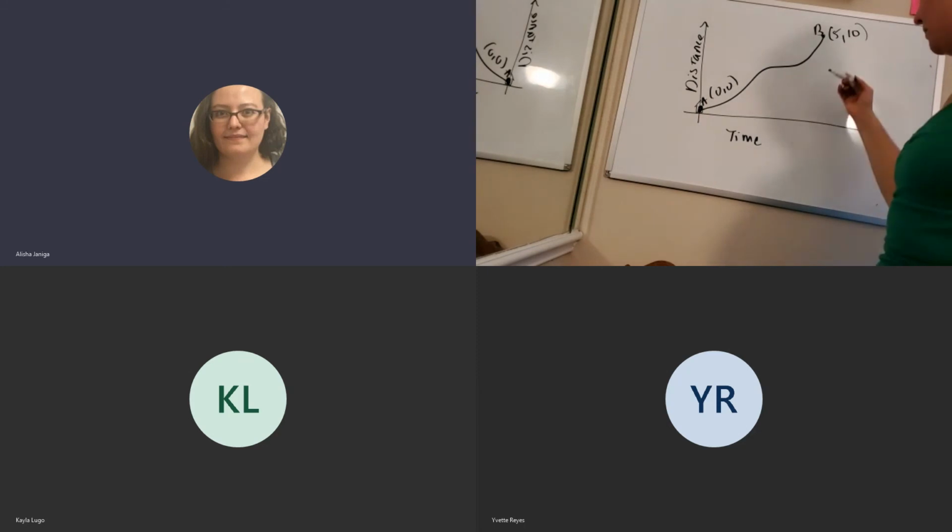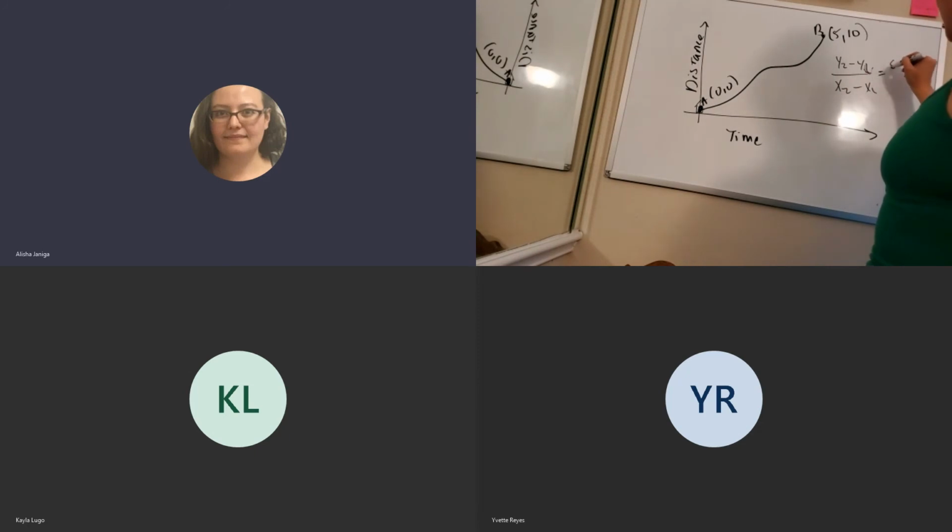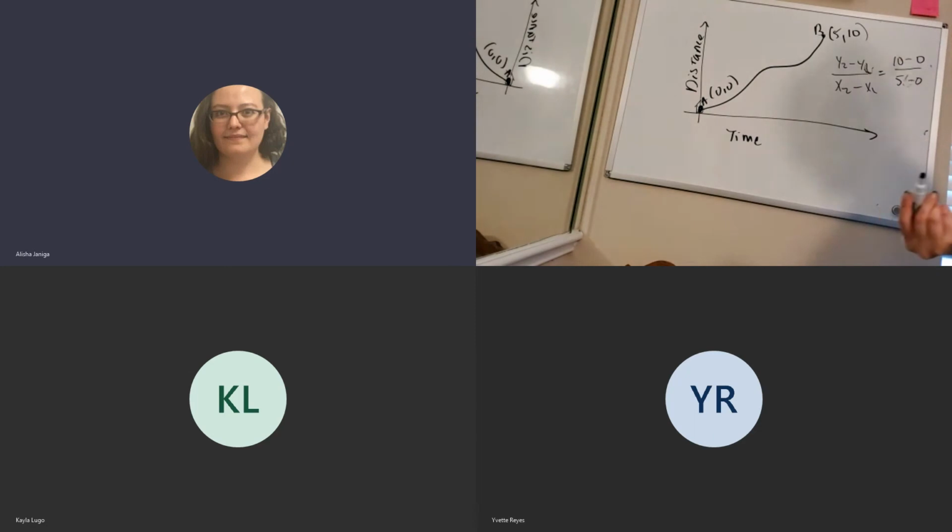And we'll plug in our slope formula. y2 minus y1 over x2 minus x1. In this case, 10 minus 0 over 5 minus 0. So our average speed, 10 divided by 5, would be 2, whatever units that we would choose to be using for this.